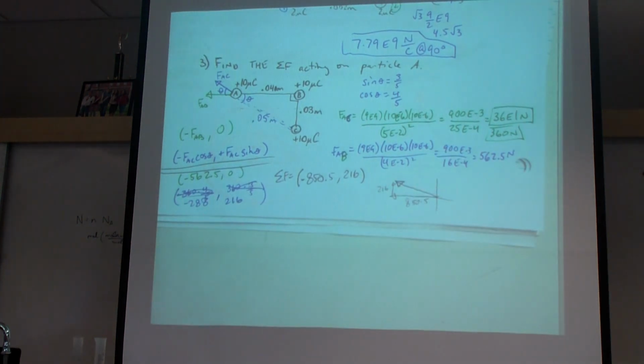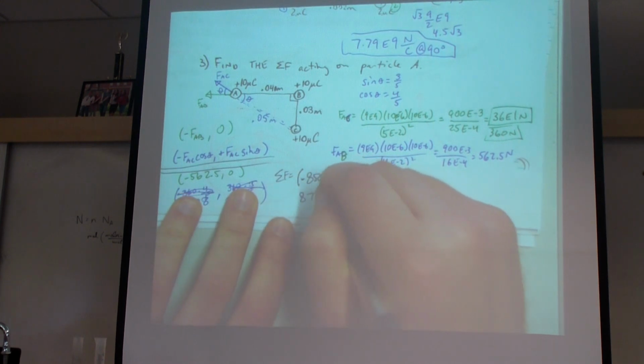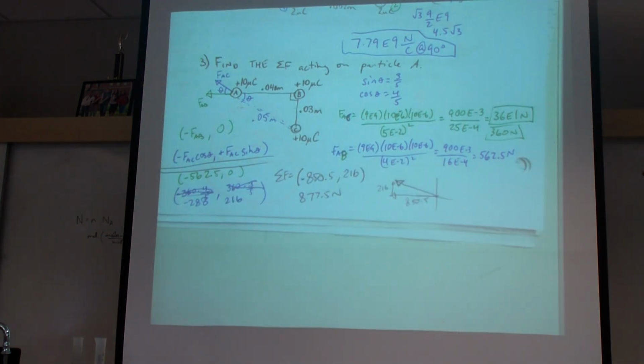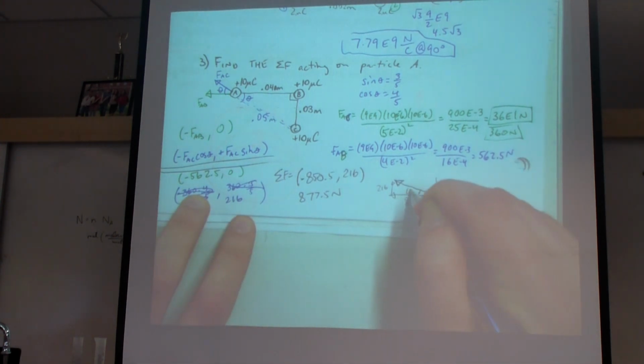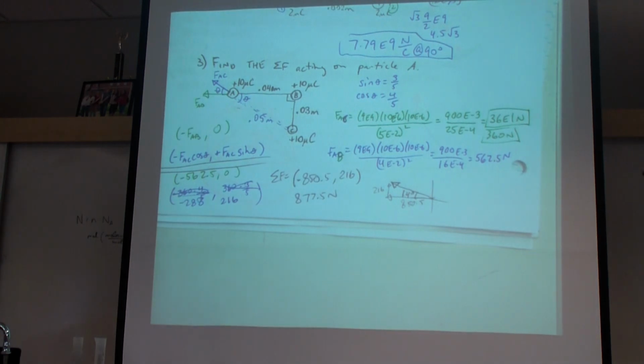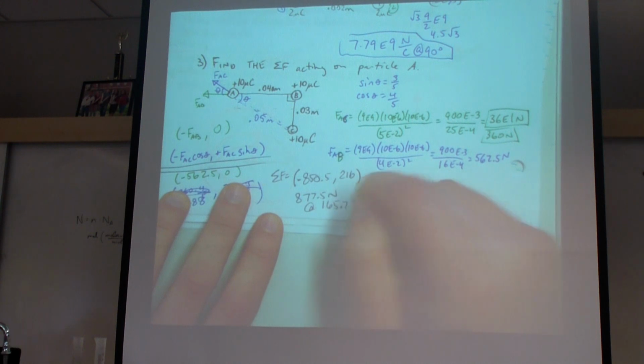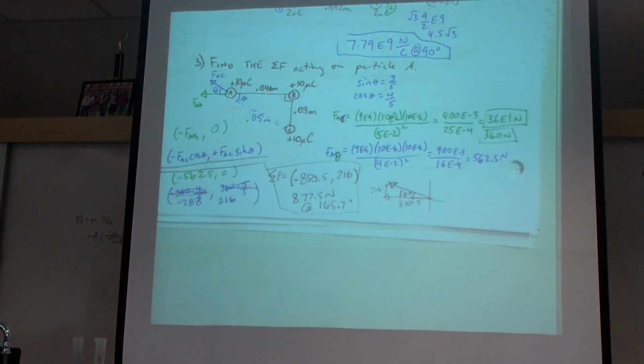I get a magnitude of 877.5 newtons. Work out the inverse tangent, and this angle is 14.25 degrees. Of course, I want to respect the x-axis, so I'm going to subtract from 180, and I get 165.7 degrees. Boom.